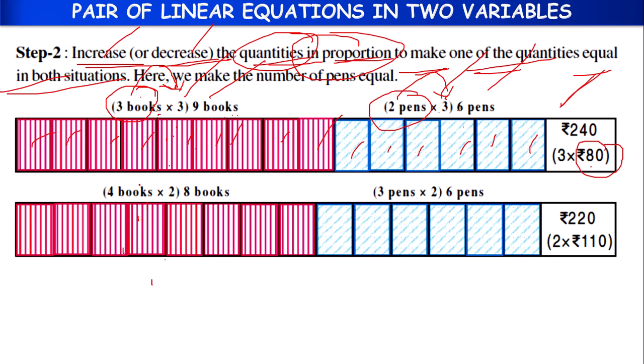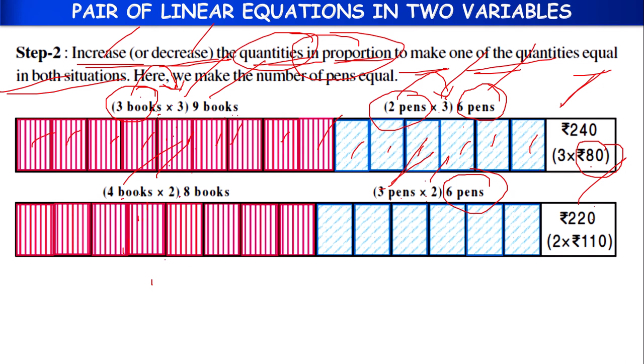In the second situation, we have 4 books and 3 pens. Here we want 6 pens to make them equal, so the 3 pens are to be multiplied by 2. Books are also multiplied by 2, and the amount as well.